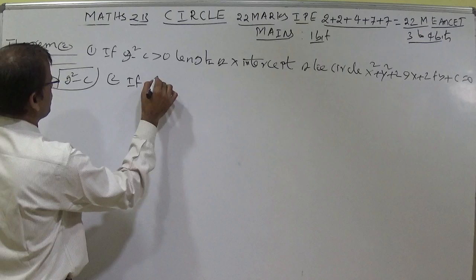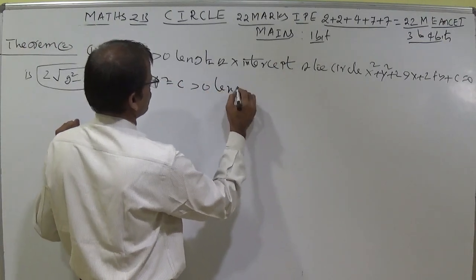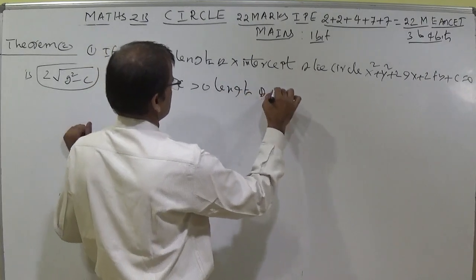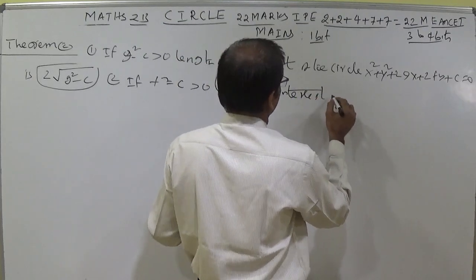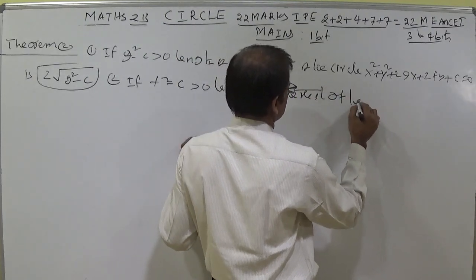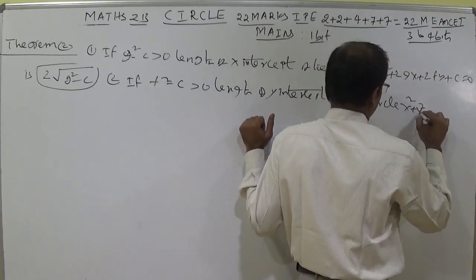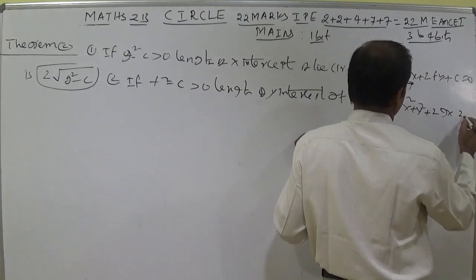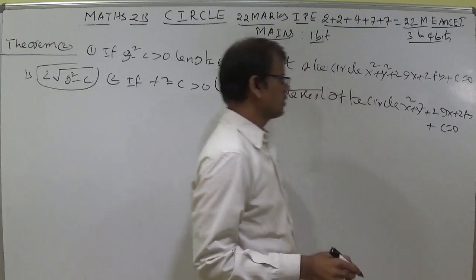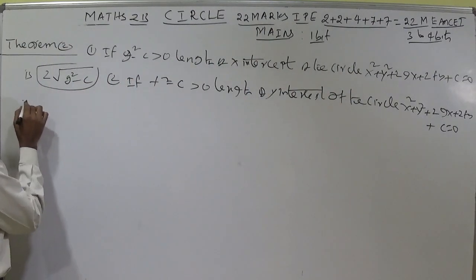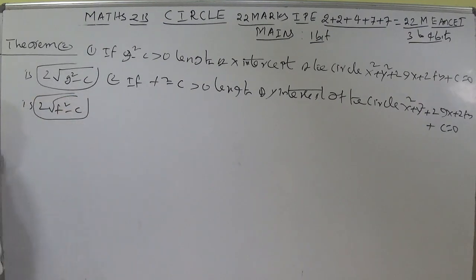Second one, if f square minus c greater than 0, length of y-intercept of the same circle x square plus y square plus 2gx plus 2fy plus c equal to 0 is 2 root f square minus c.